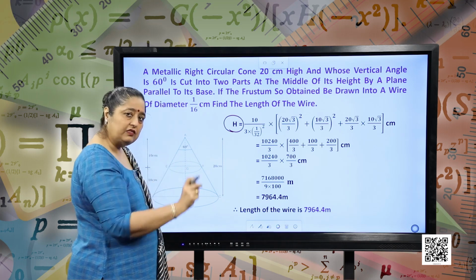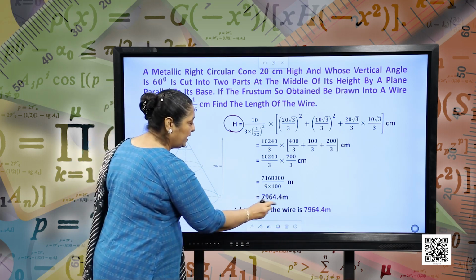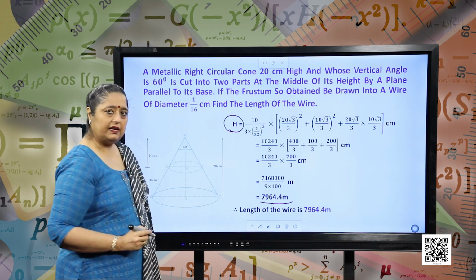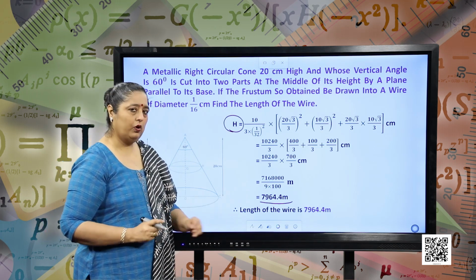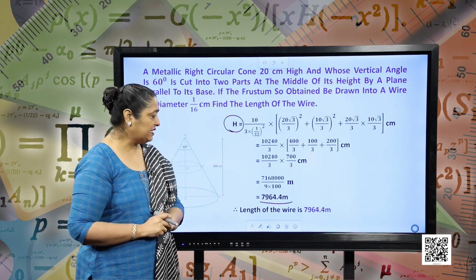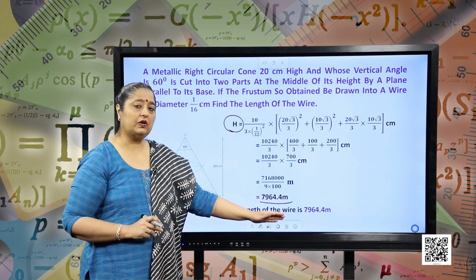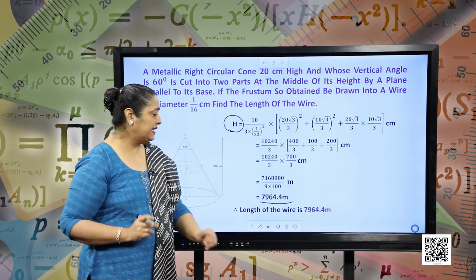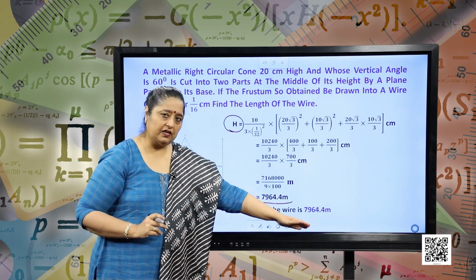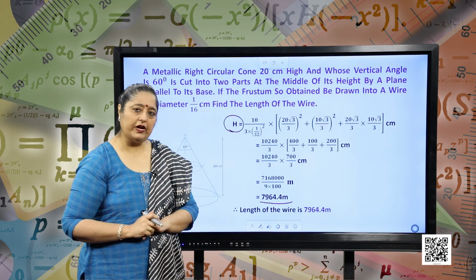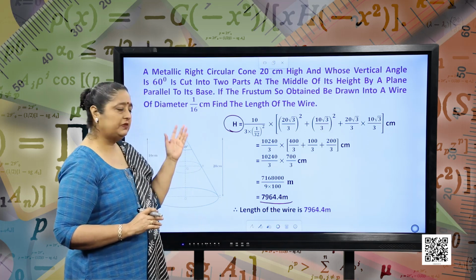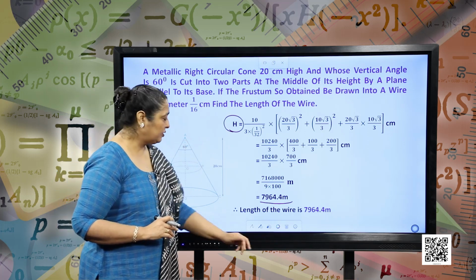H is the length of the wire, which comes out to be 7,964.4 meters. So, length of the cylindrical wire which has been converted from the frustum is 7,964.4 meters. I hope this question is clear. Okay? So, let us move forward.